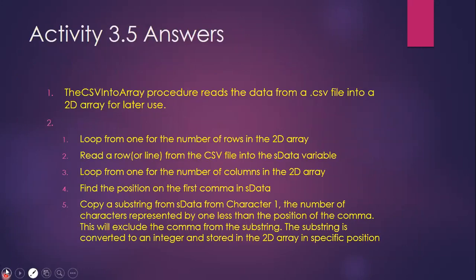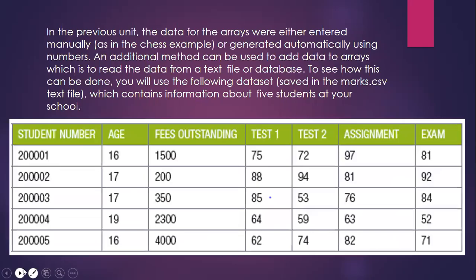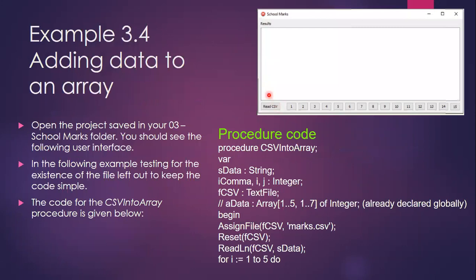Let's just get back to our picture. I want you to be able to code the read CSV file for me for today. Then I will put together what the requirements are for each button, so button 1, button 2, button 3. And then I will work through the program with you and we will code each button.